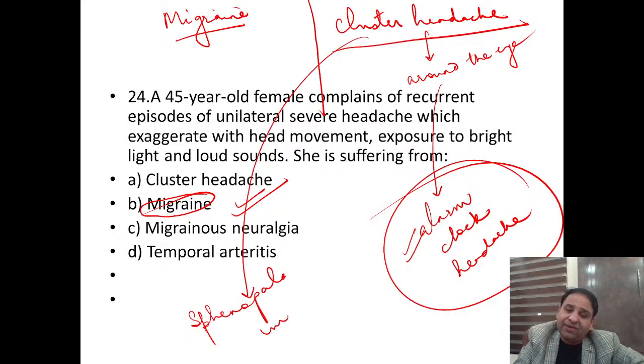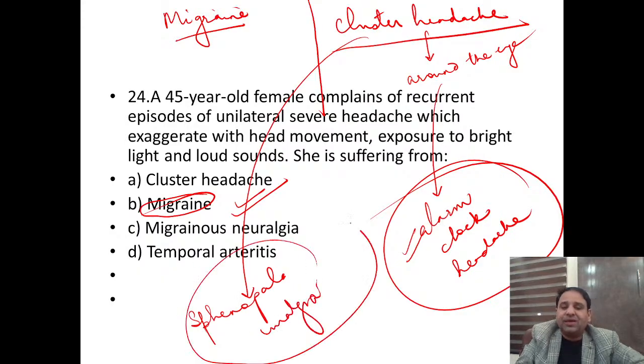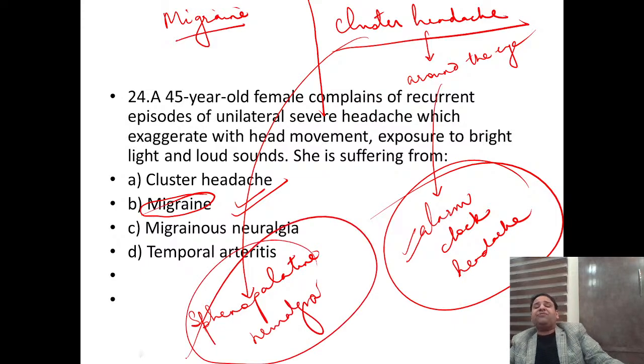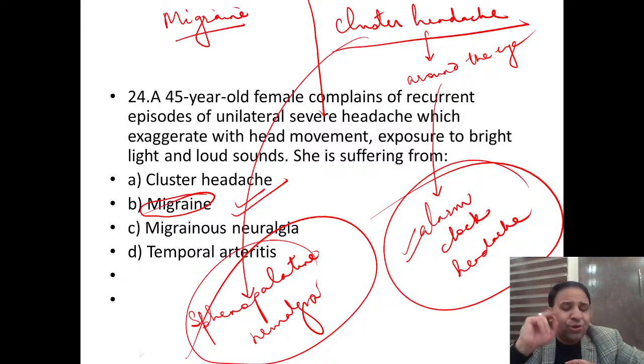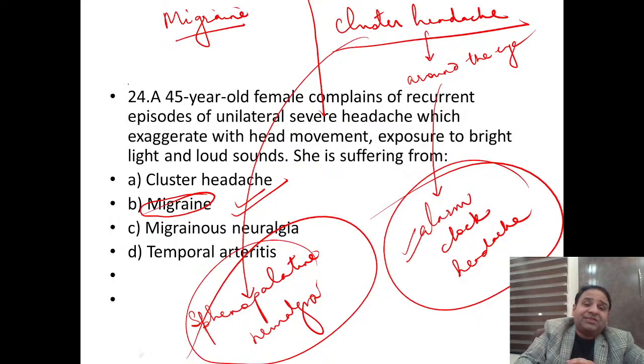Now these are again important questions, students. It is also called sphenopalatine neuralgia. And you know, sometimes one syndrome is associated with cluster headache. Or in fact, we say that cluster headache is present in this syndrome which starts from H. Now, Khushi, you are way ahead.